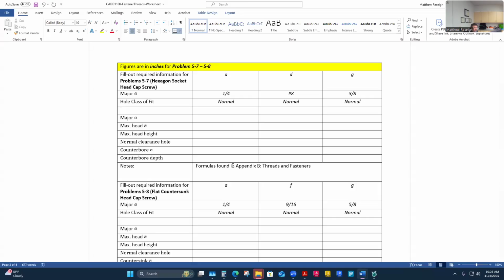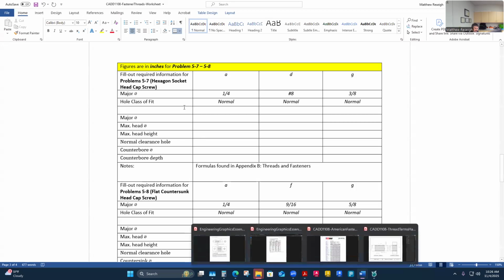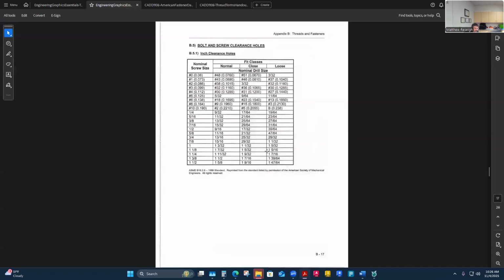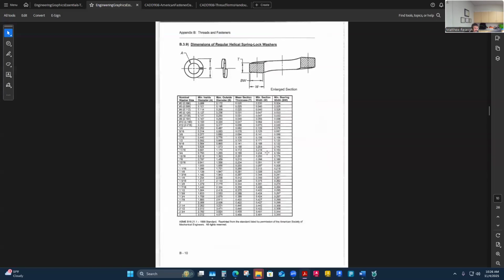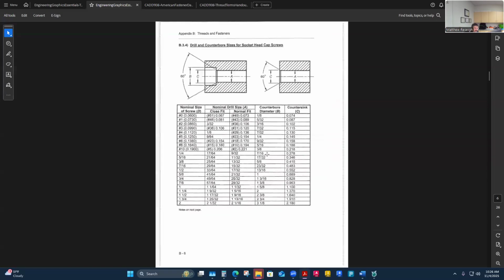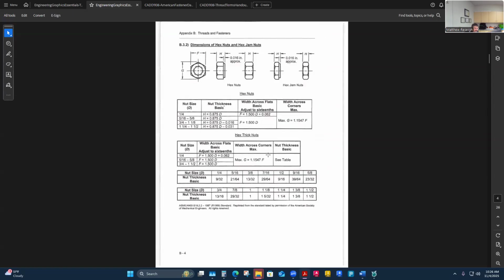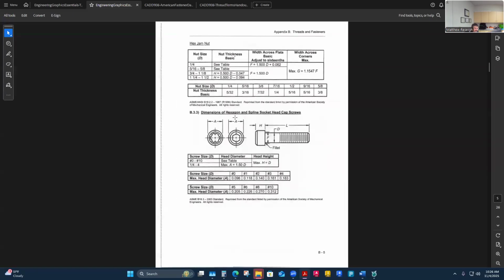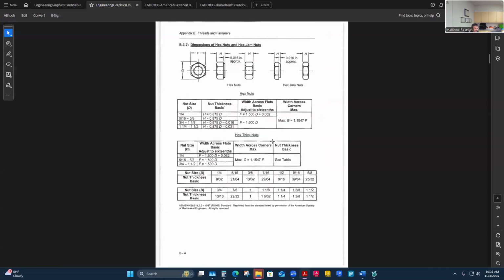This one is still a hexagon socket head cap screw. And I'm hoping this terminology is the same, and these are inches here. So I'm going to scroll up again, above the metric fasteners. A hexagon socket head cap screw is this one for sure.